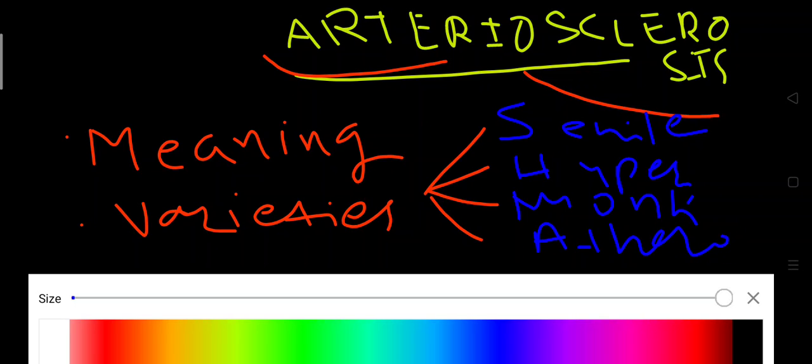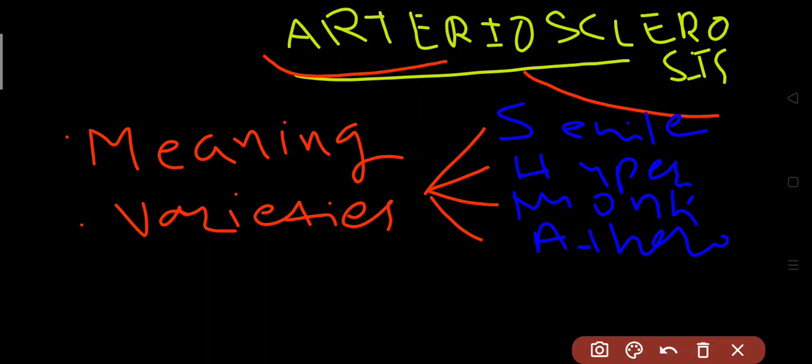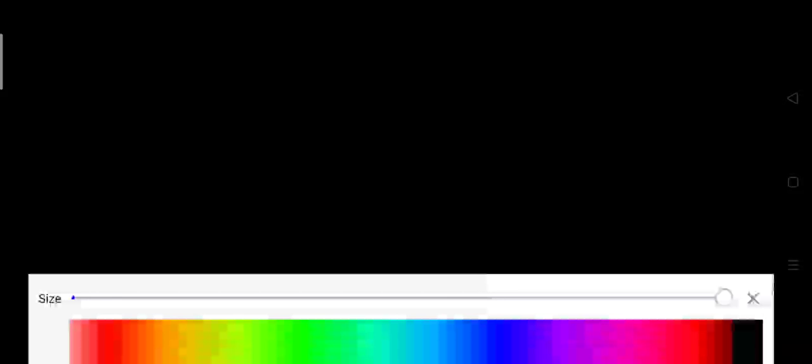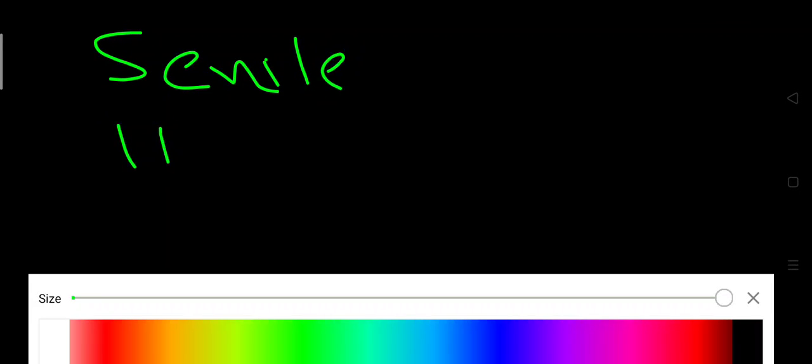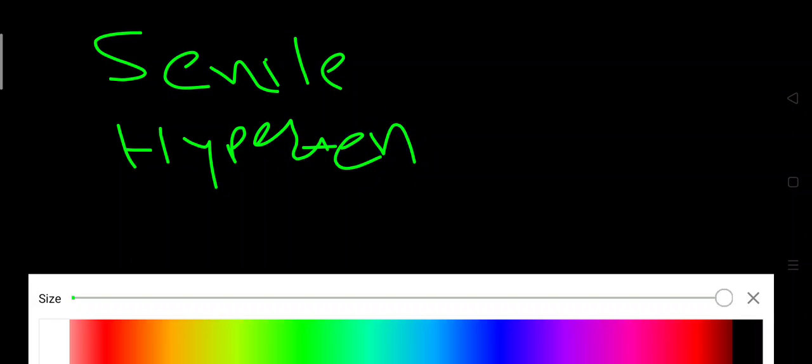So these are four varieties of arteriosclerosis. Then we started with senile arteriosclerosis. Then we started hypertensive arteriosclerosis, and there we learned that hypertensive arteriosclerosis has three different forms.